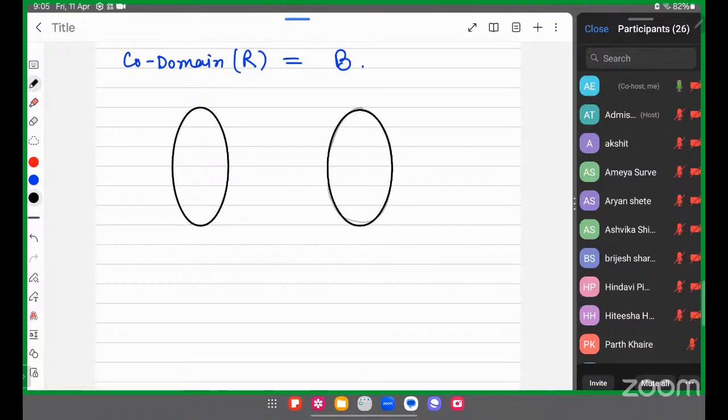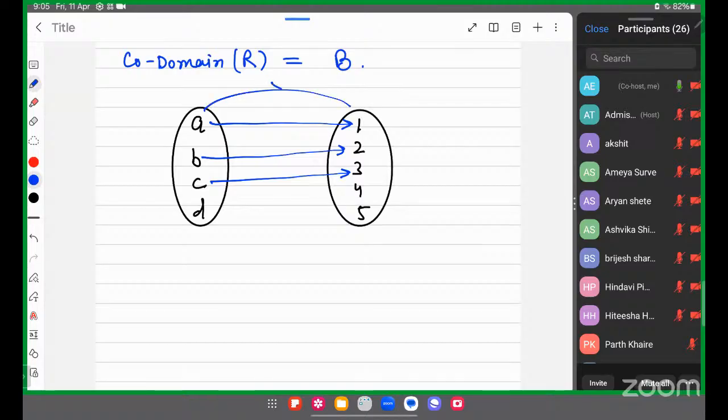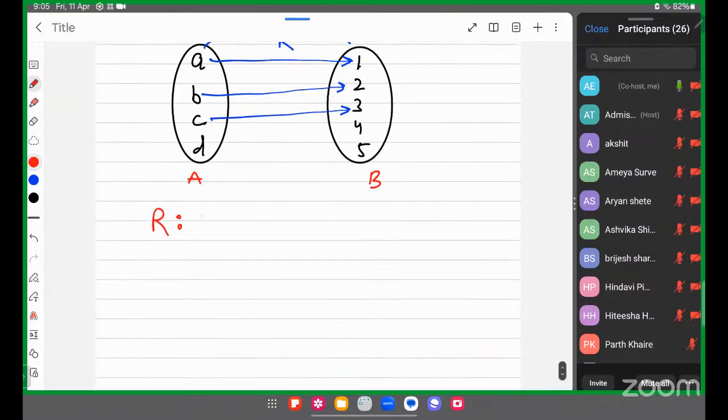Here we have A, B, C, and D, and here we have 1, 2, 3, 4, 5, and so on. Let's say I connect A to 1, B to 2, and C to 3, and I leave D without any relation. So this is a relation defined from set A to set B. Let's say this is set A and this is set B. I will write it as relation R defined from set A to set B.